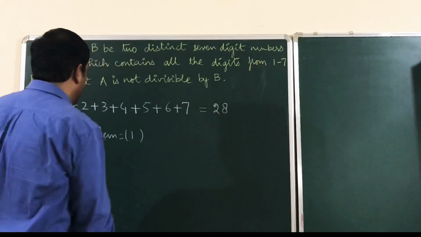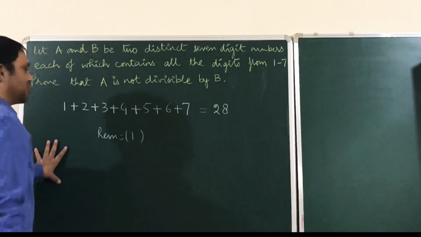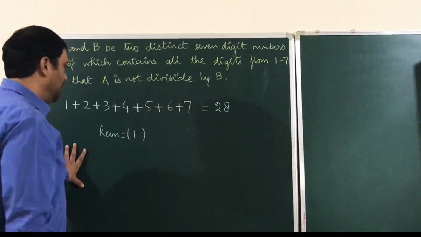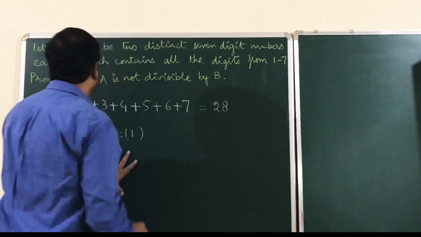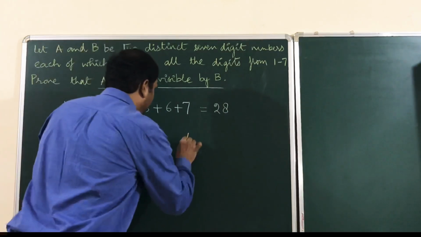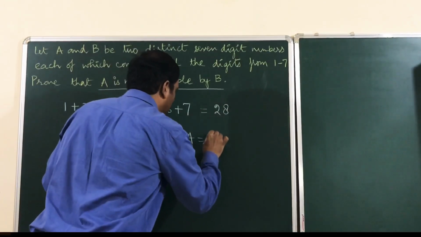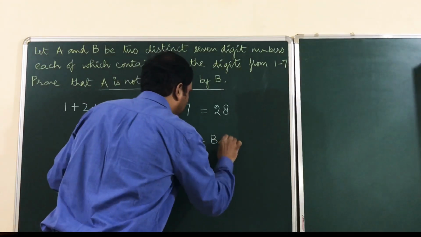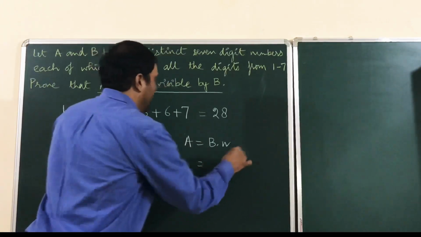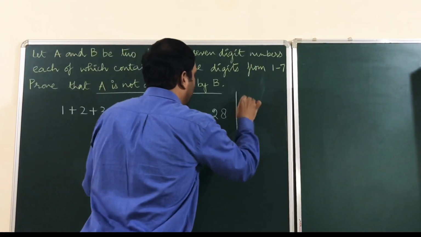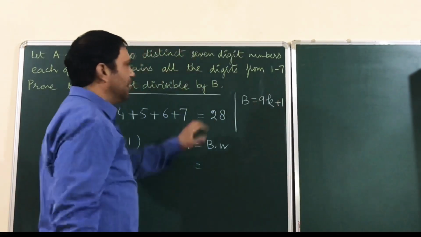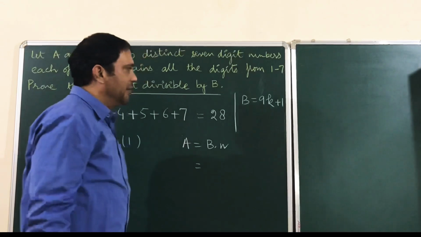Similarly, B is also such a number. When you divide by 9, the remainder will be 1. Now we have to prove that A is not divisible by B. So let's say A equals B times N, where N is some integer. Both A and B are numbers of the form 9k plus 1, because when you divide B by 9, you get the remainder 1.